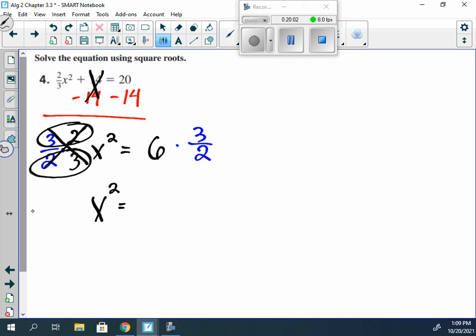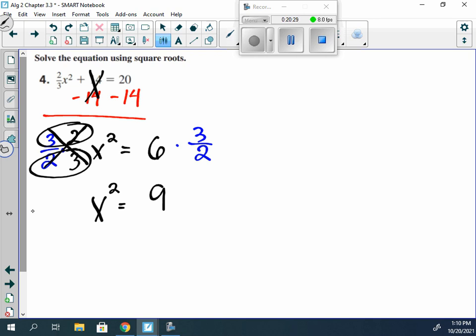Because over here, 6 times 3, we always multiply whole numbers by the numerator. 6 times 3 is 18, divided by 2 is? 18 divided by 2 is 9. But that would be about the same thing with what we would do if we would have divided. Because whenever we divide a fraction, we don't actually divide.